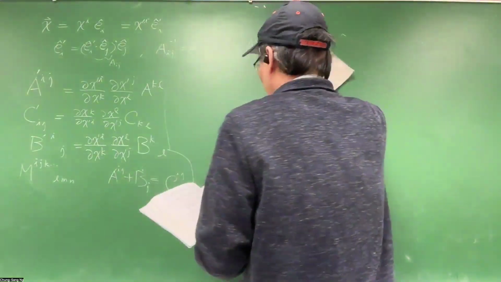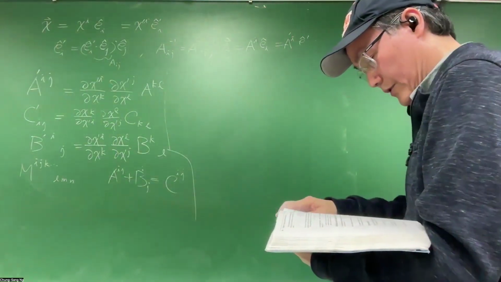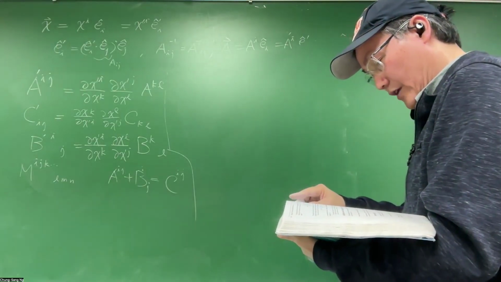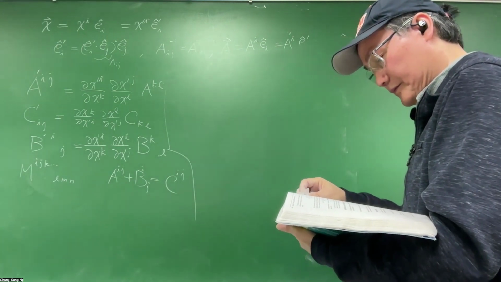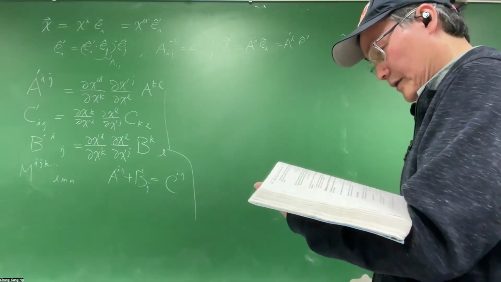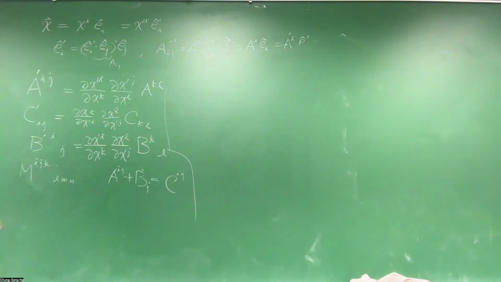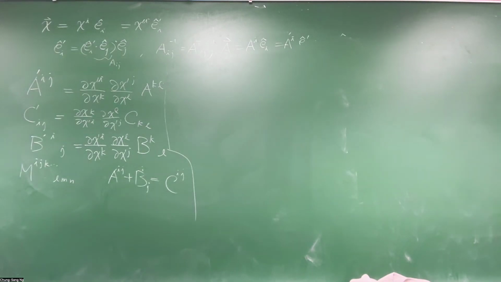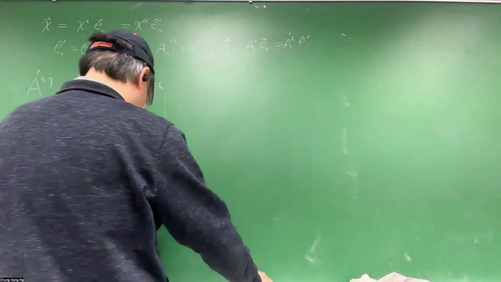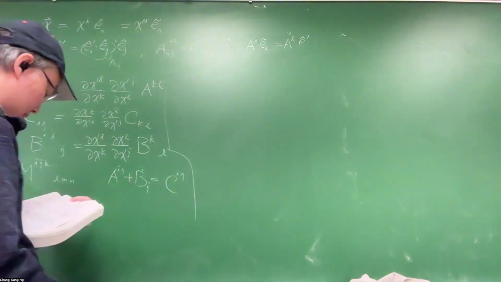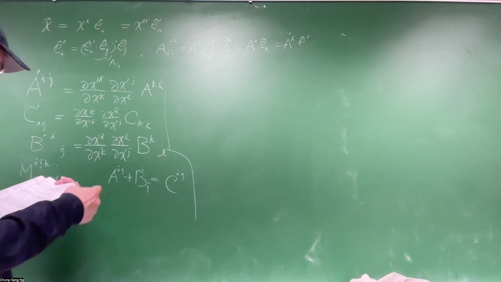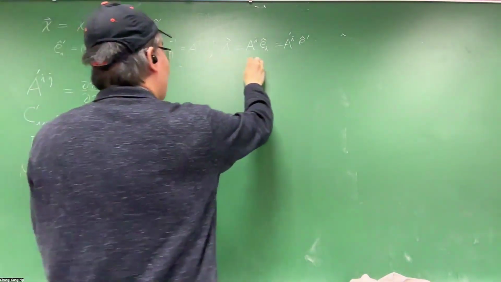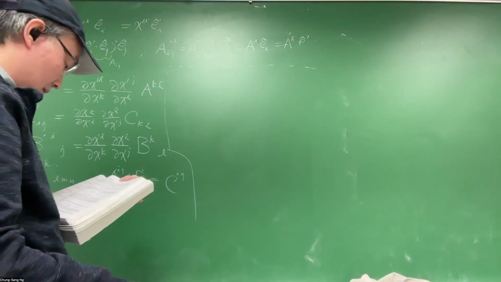Okay, and now the next example is to give an example of this tensor, the Kronecker delta. And how does the Kronecker delta transform? It depends on which equation you want to write.